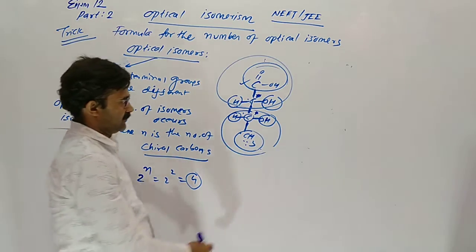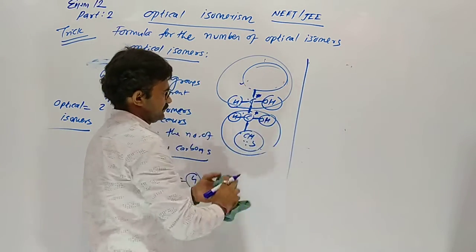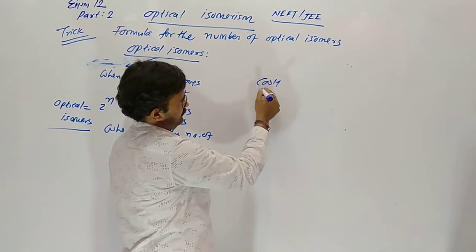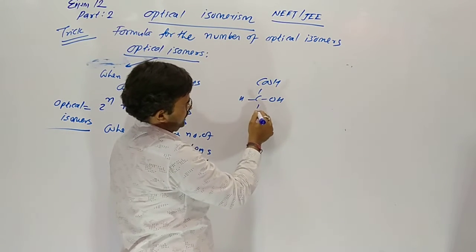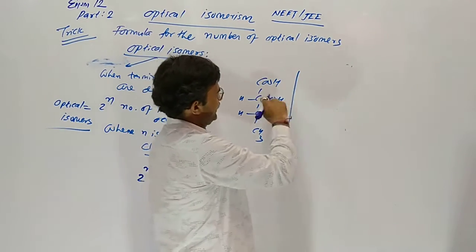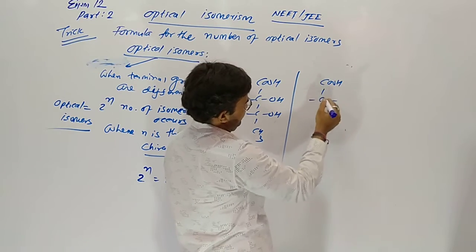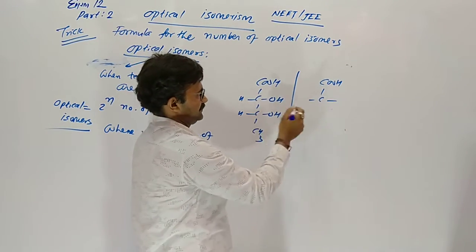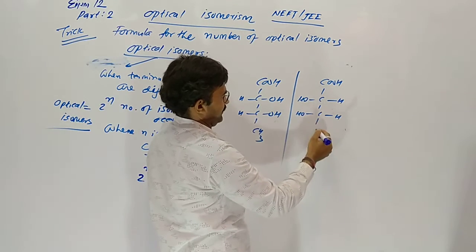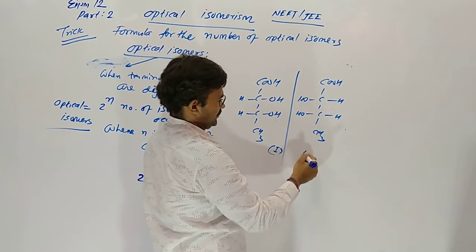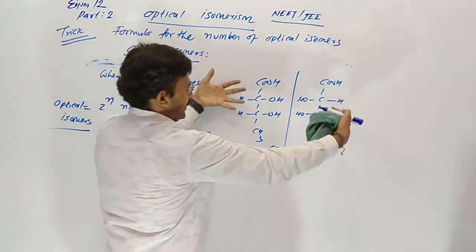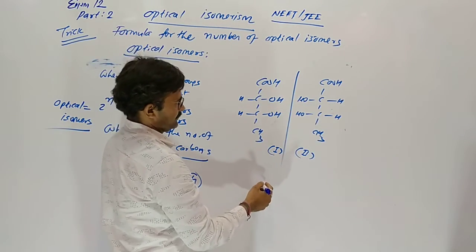How? This compound gives 4 isomers. CHOH, CHOH and CH3. Now the mirror image of it. Taking the mirror image means enantiomer. Mirror image, another name is enantiomer. So 1 and 2 are mirror images of each other, and both are not superimposed with each other.